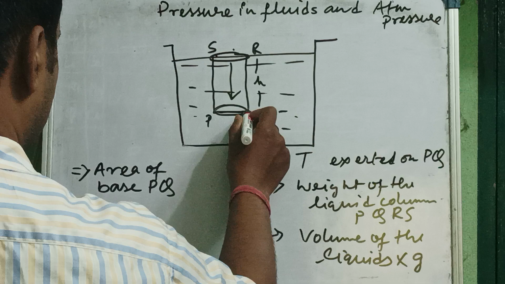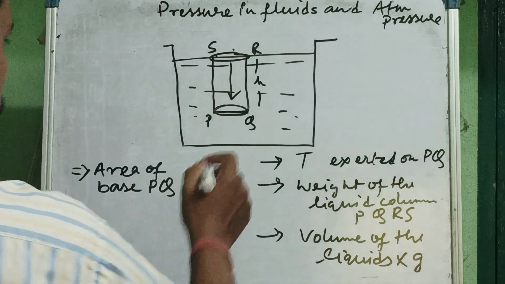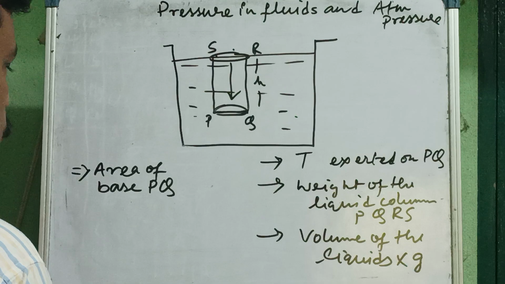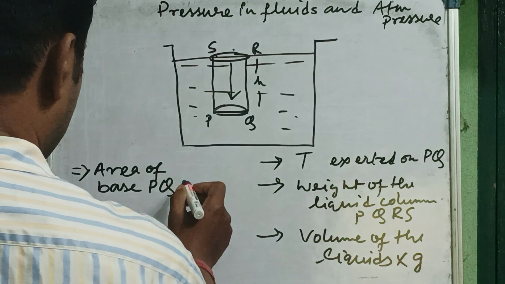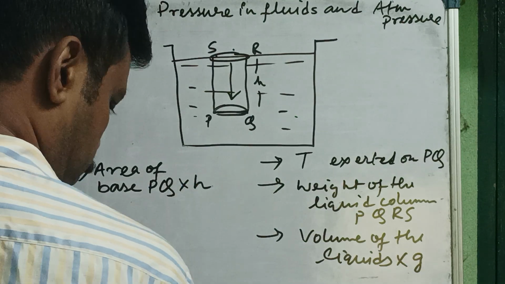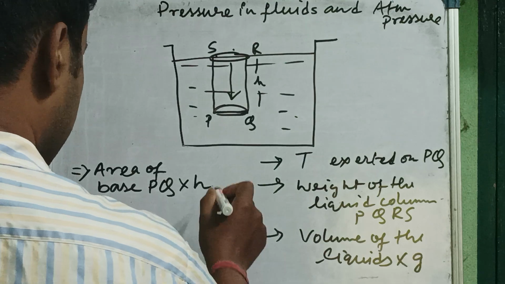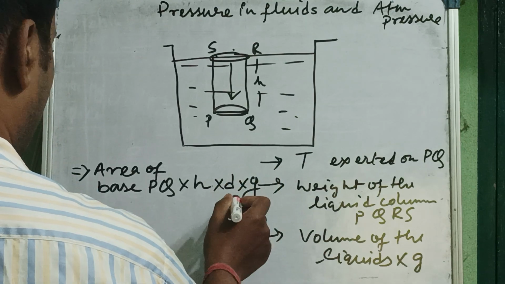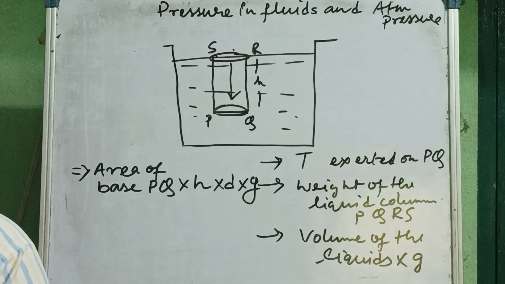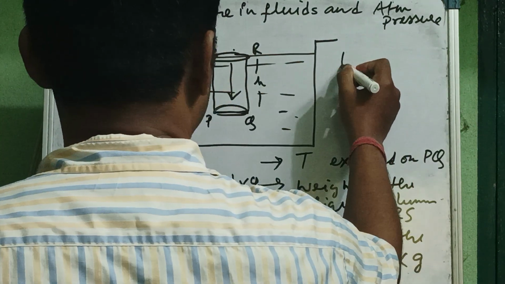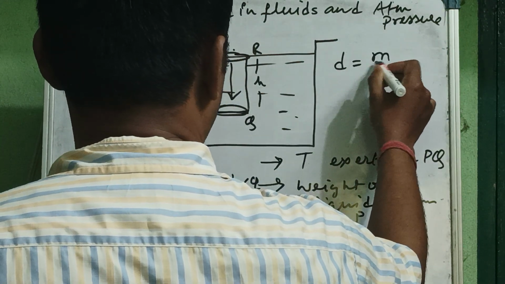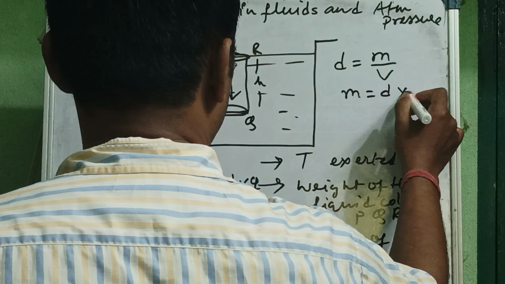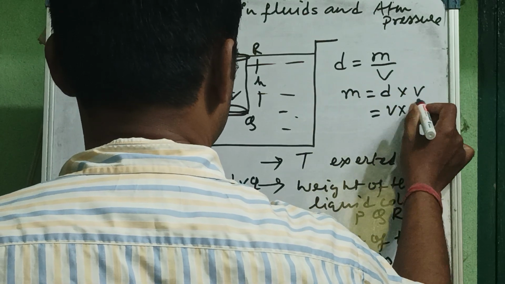Let's take it as a linear surface, a straight line. So area of the base PQ into h into d into g. How can you find this? Density equals mass by volume, so mass equals density into volume.